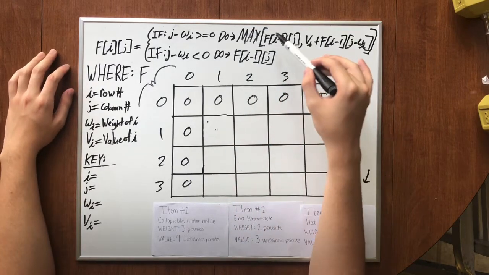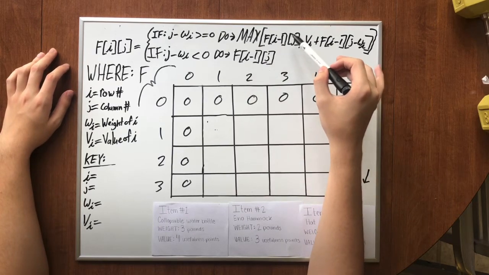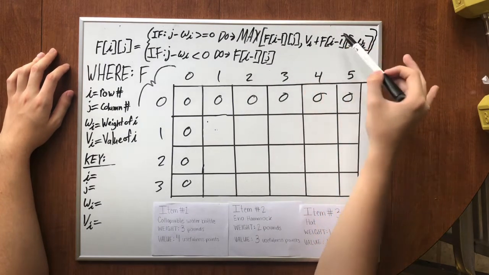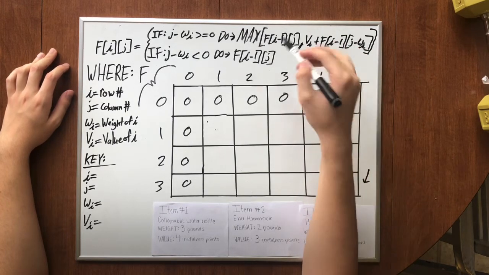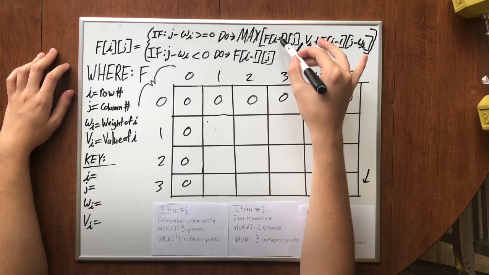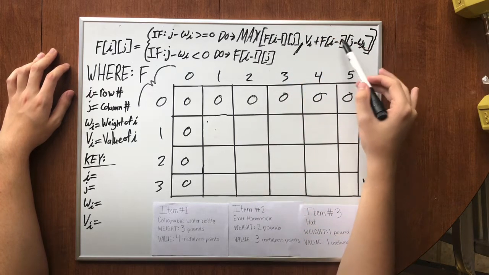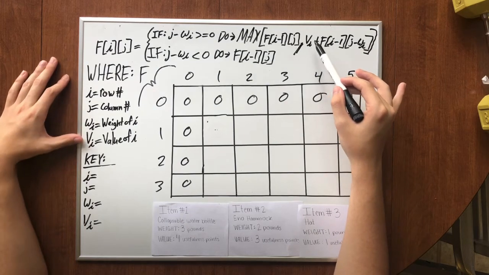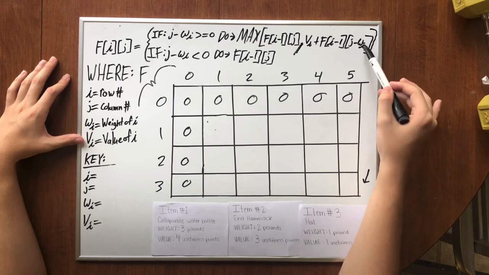So for when it's greater than or equal to 0, we have to find the maximum value between these 2 things. There's a comma here, sorry, I don't know if you can see that. But the first scenario is f of i minus 1 of j. And the second scenario is the value of i plus f of i minus 1 of j minus wi.